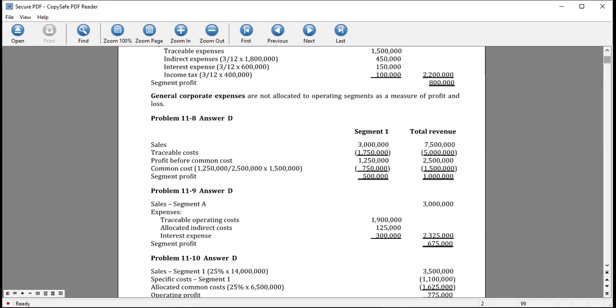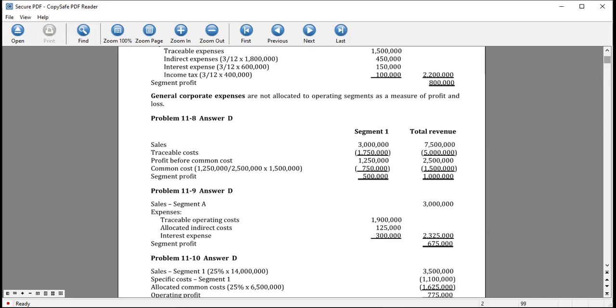So we now begin with segment 1, sales allocated of 3 million. We deduct the traceable cost, and we have the profit before adjustment. Then deduct the common cost.